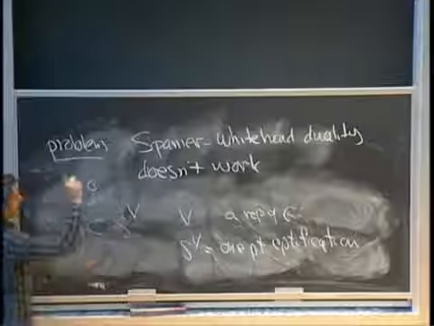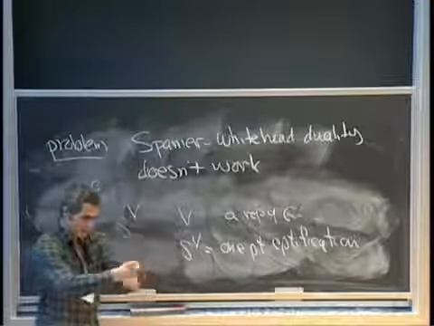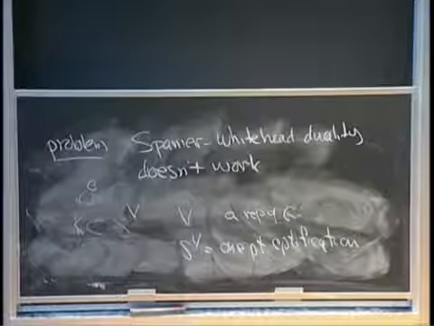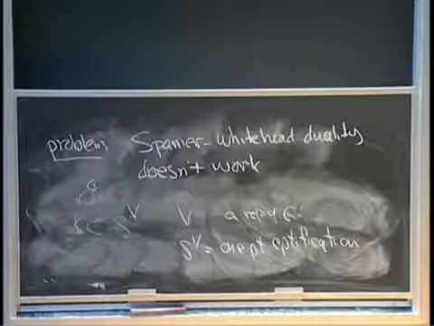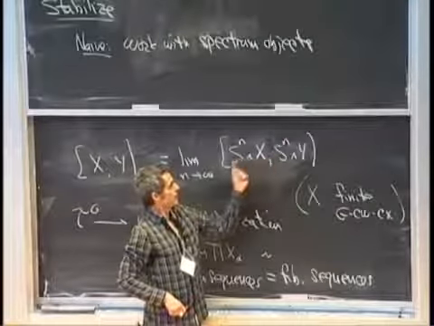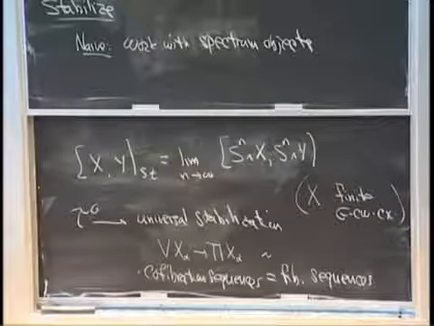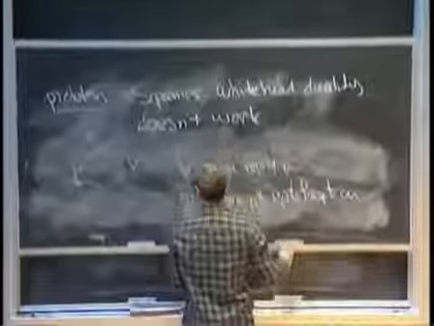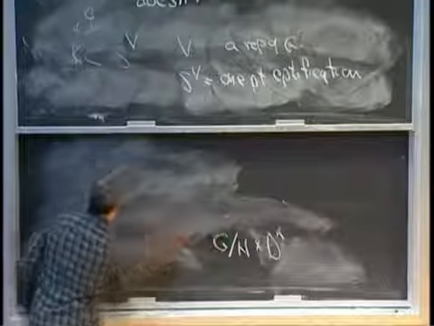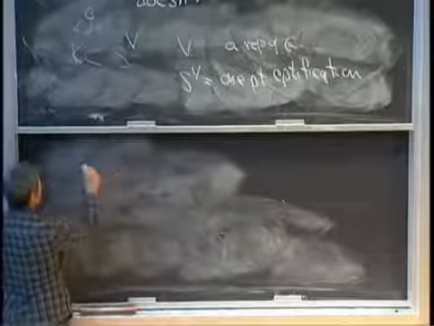So if I want Spanier-Whitehead duality to work, and I go do the exercises in Spanier's book, but I want it to work equivariantly, it's not good enough to take the limit over these spheres. I have to actually take the colimit over the representation spheres. So again, I'll write the following notion.